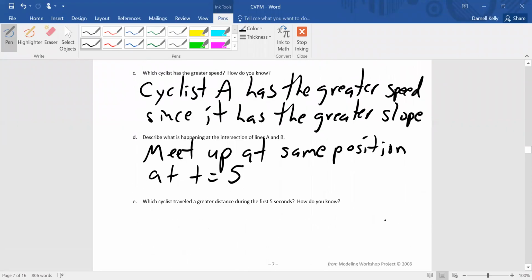Which cyclist traveled a greater distance during the first 5 seconds? They meet up at the same point, but they don't necessarily travel the same distance.